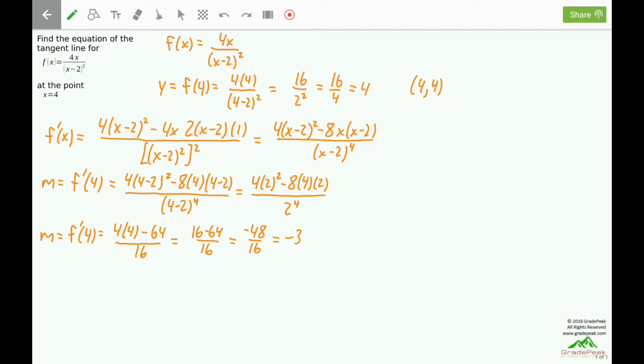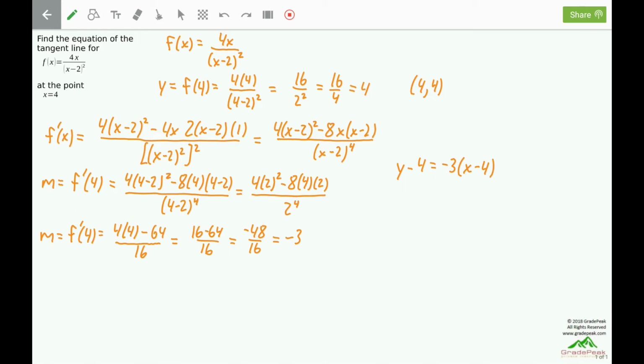We can now set up the equation of our tangent line using the point-slope formula. y minus the y coordinate of the point, that's a 4, equals the slope, negative 3, times x minus the x coordinate of the point, which is a 4 as well. There's our point-slope formula.